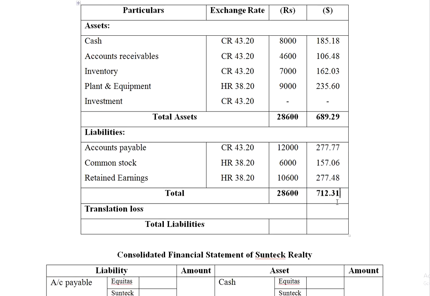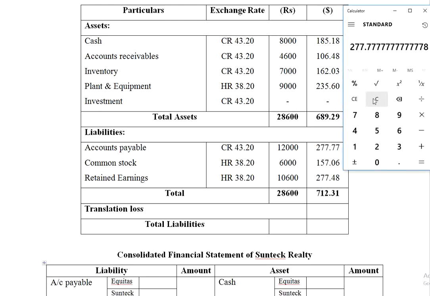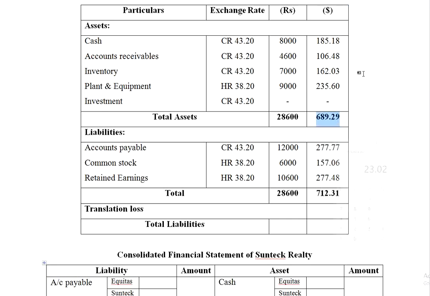712.31. So this 712 is slightly greater than this total assets, which is 689.29. So what you are going to do right now is 712.31 minus this total assets 689.29. So you got 23.02.